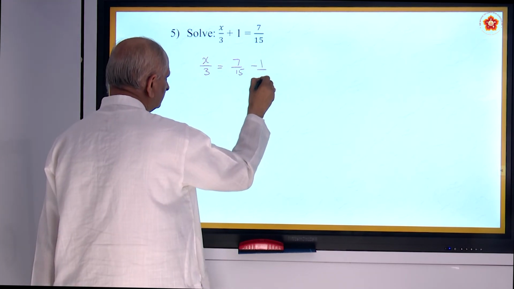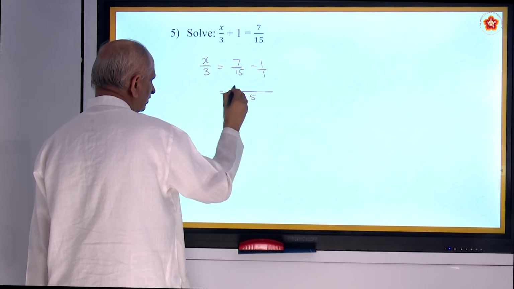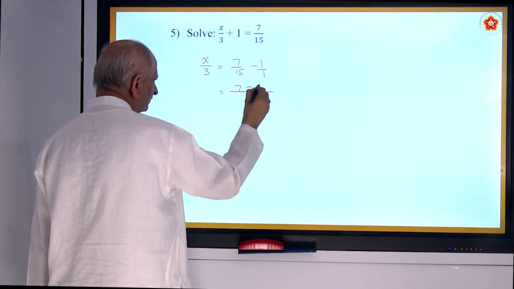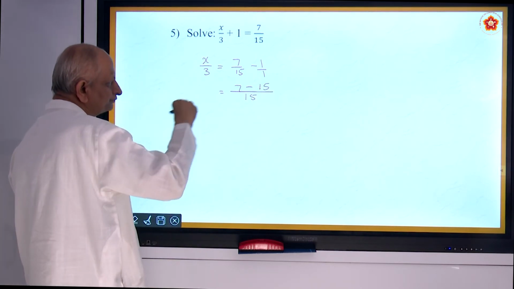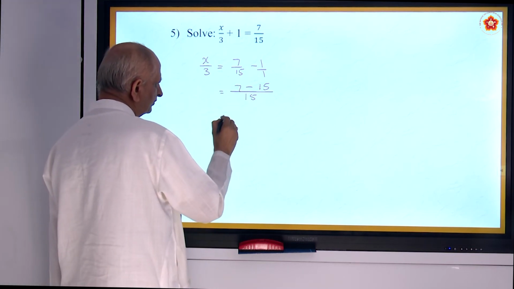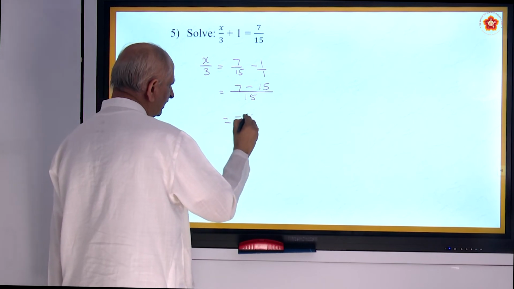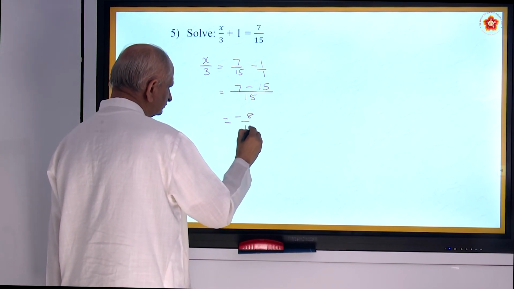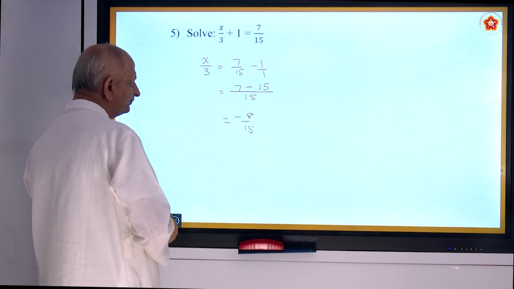And take LCM 15 here. 7 minus 15 ones are 15. So 15 is the LCM. So you have minus 8 by 15.